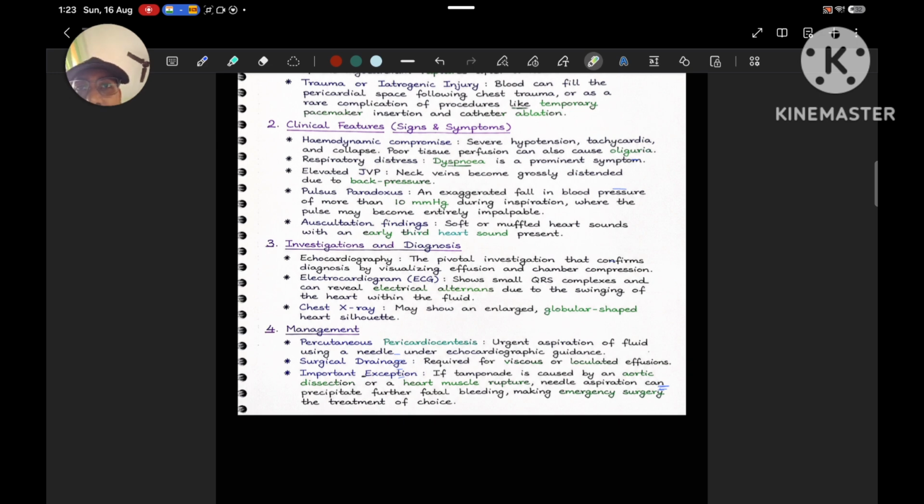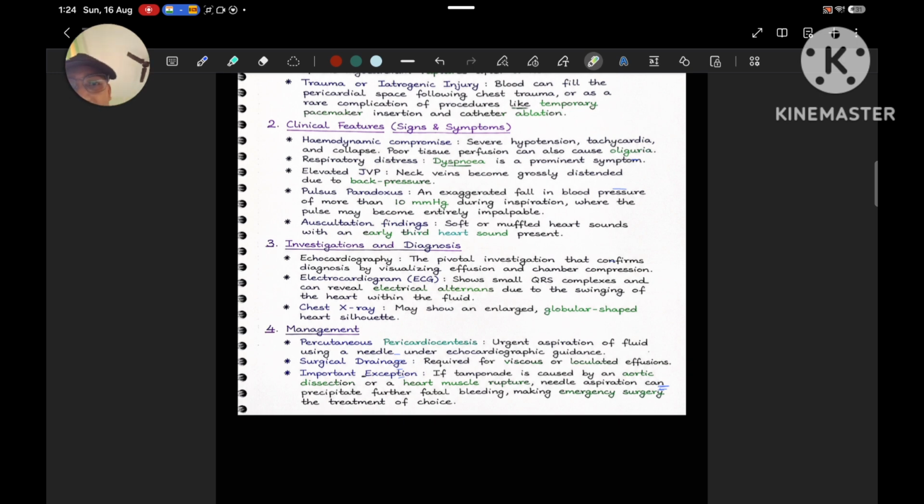When you listen to the heart with a stethoscope, you can hear that the heart sounds are muffled, so the loudness is decreased, and along with the first and second heart sounds you can also hear a third heart sound, and this assures you that this is a case of cardiac tamponade.